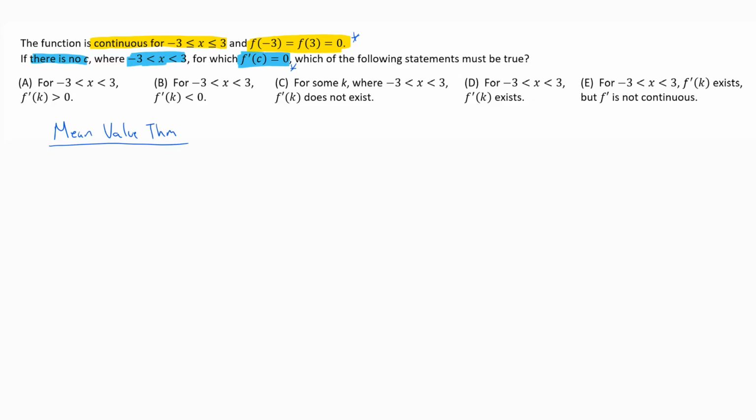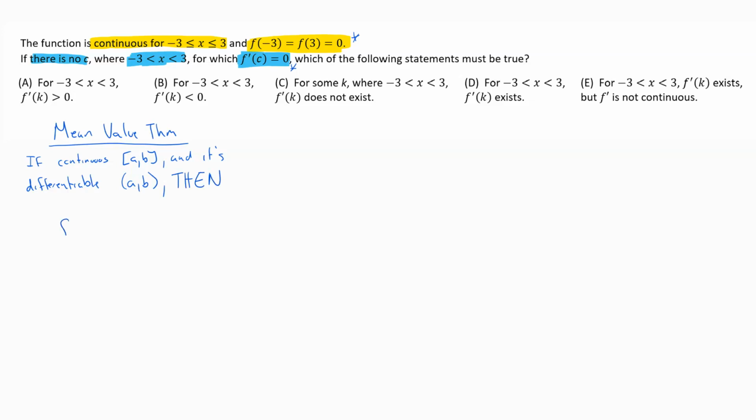The mean value theorem says if I have a continuous function on a closed interval from a to b, and it's differentiable, there is a derivative value on the open interval a to b everywhere, then I get to draw this final conclusion.